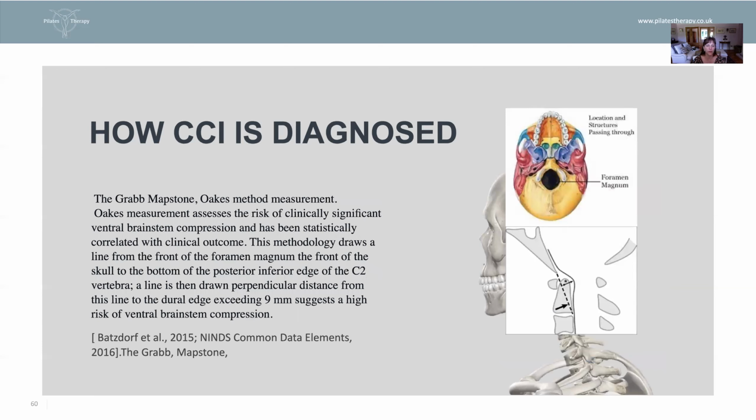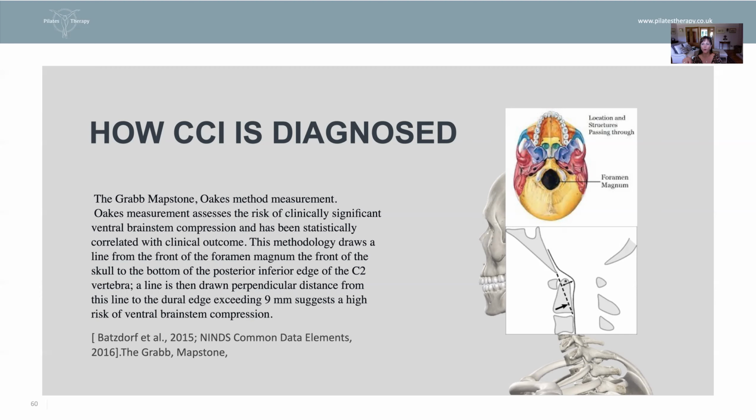So the last measurement is called the Grabb-Mapstone-Oakes method measurement. And this assesses the risk of clinically significant ventral brainstem compression, and has been clinically, statistically correlated with clinical outcomes. So if you look again at the image, I've got you again an image of the foramen magnum, and down below you can see where they take that line coming down.